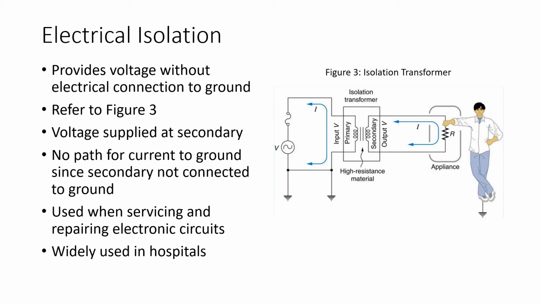So there is not the potential for the chassis of two pieces of equipment to be at different potentials, because the chassis of the piece of equipment plugged into the isolation transformer has no electrical connection to ground. This will be quite important if you find a career in medical electronics.